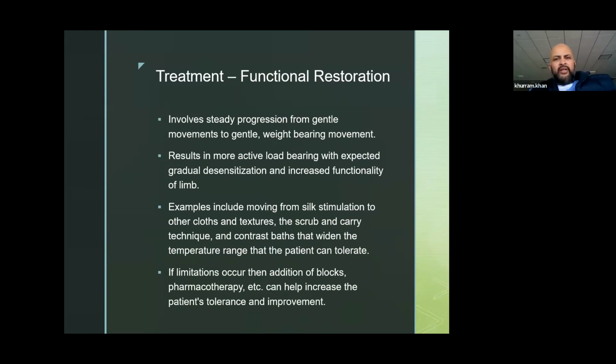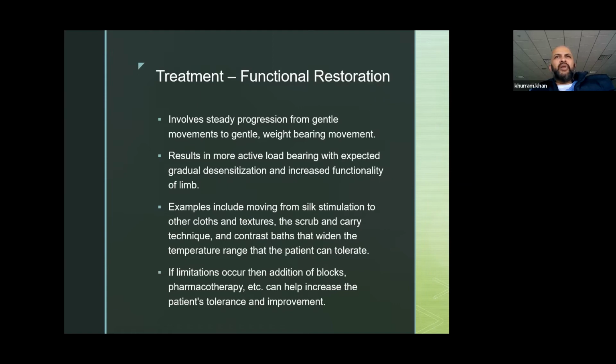What is functional restoration? That was mentioned earlier. Pretty much everything written here, sort of steady progression from the gentle movement, so gentle weight bearing movement. Basically, the main idea behind it is to have a gentle push of the limb and the patient to decrease the dystonia which we see in the patient, and indifference or fear to move the limb.